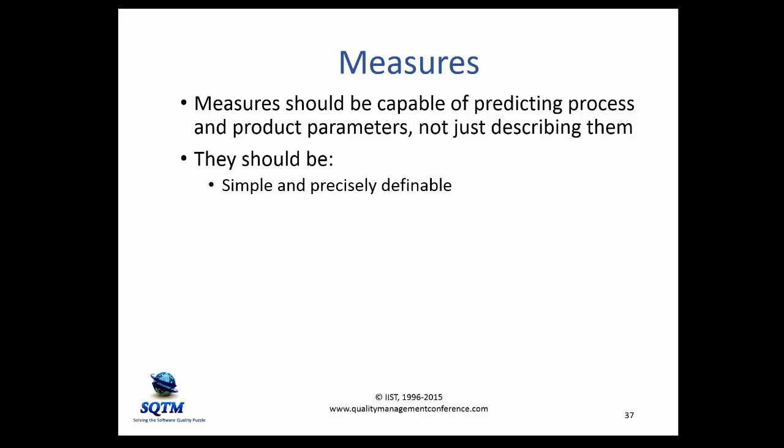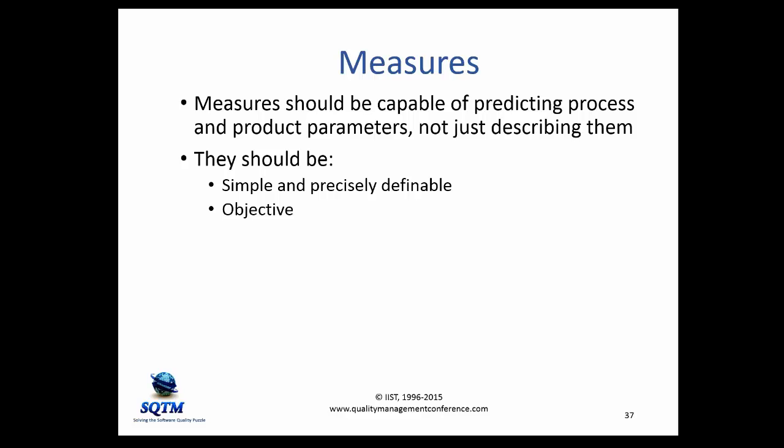advantage right there. They should be simple and precisely definable. They should be objective. The worst thing that can happen is if you skew the data. If you think you want it to show something and you make the data fit that, you're in trouble.